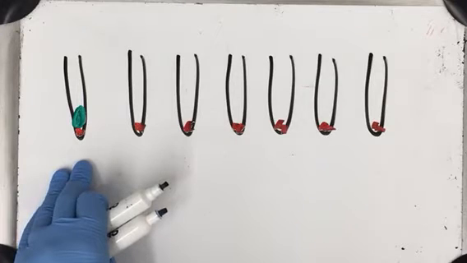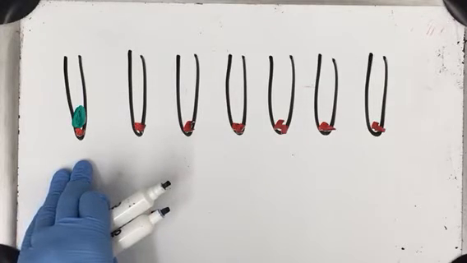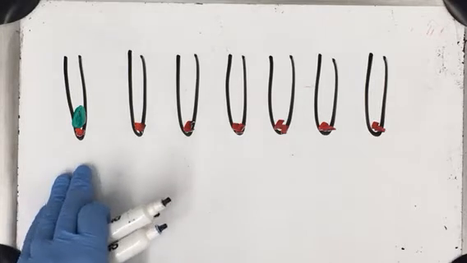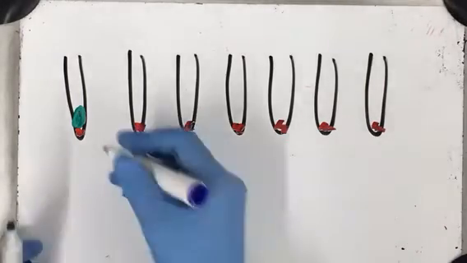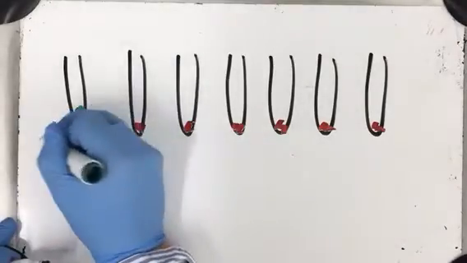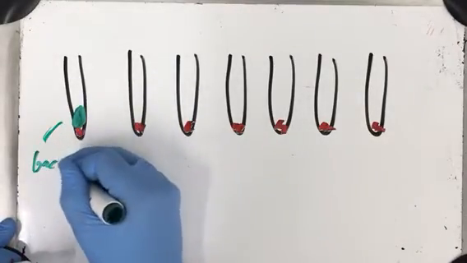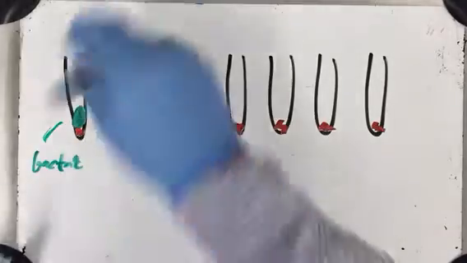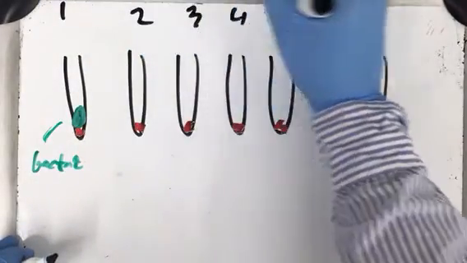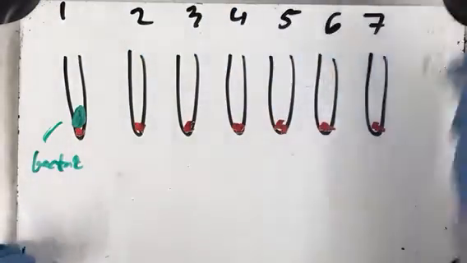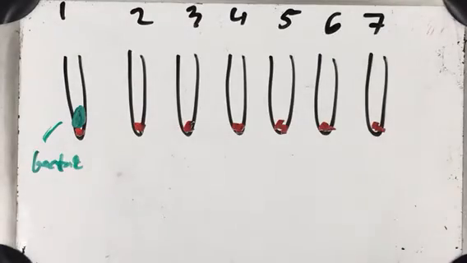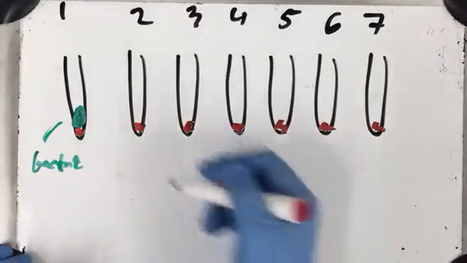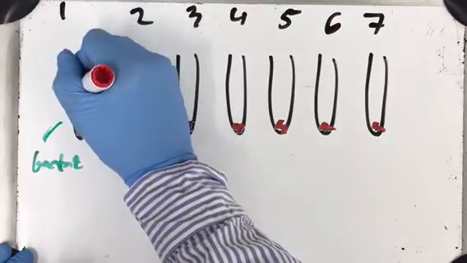So at this stage, here's our bacteria in green, and this is tube 1. And then at this next stage, as the instructor, I'll add 3 mils, so quite a bit.